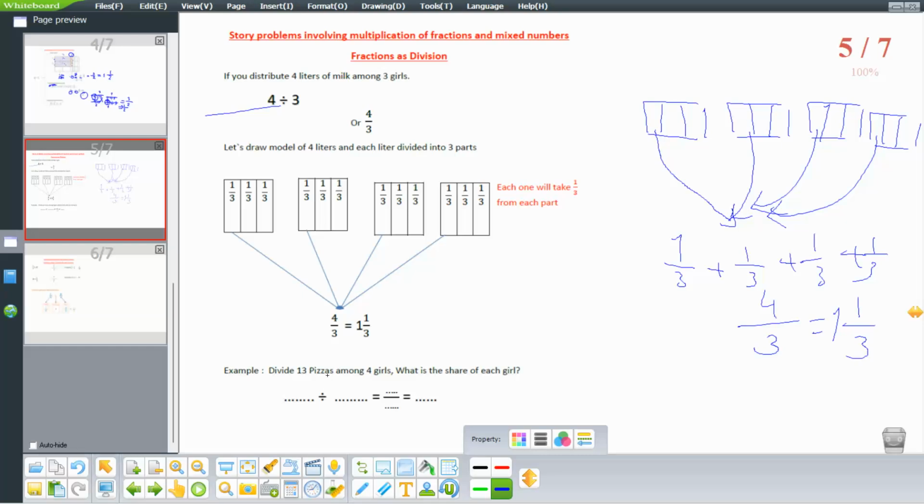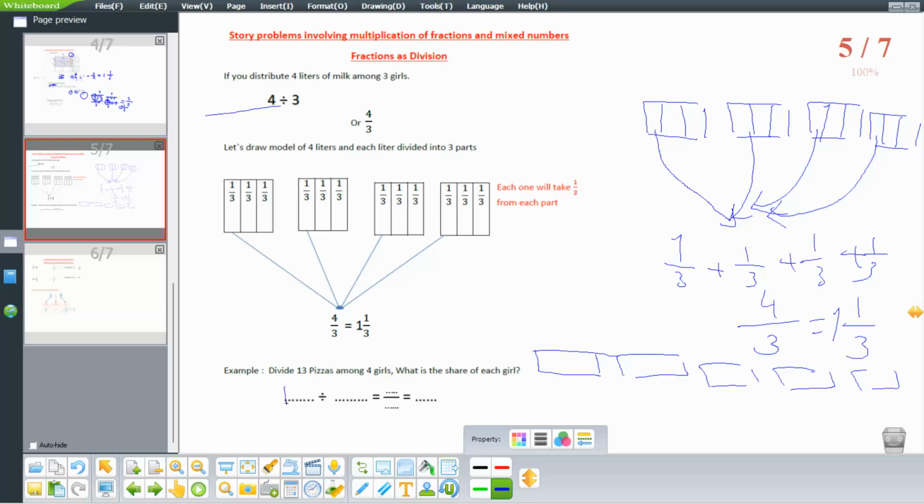If we divide 13 pizzas among 4 girls, if I use the modeling, we can draw 13 pizzas, 1, 2, 3, 4, 5, and so on, and everyone will take 4.